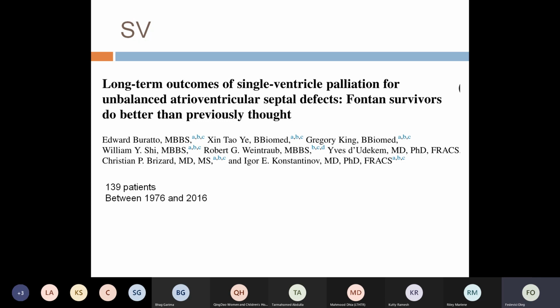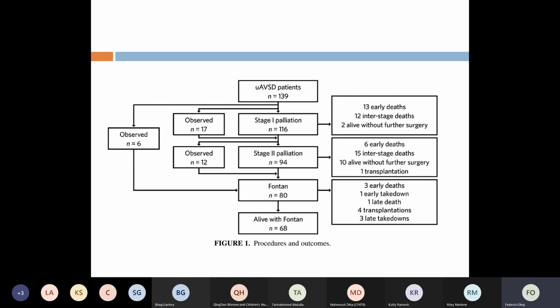So they had 140 patients between 1976 and 2016. You can see the distribution of the patients by strategy. They even did a direct Fontan for 6 patients.